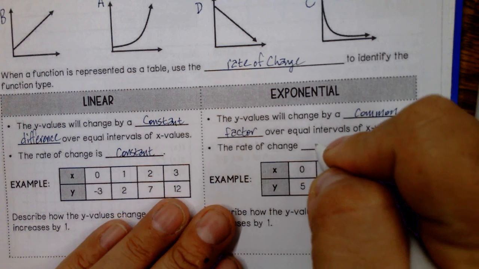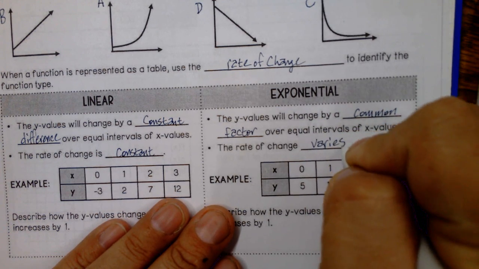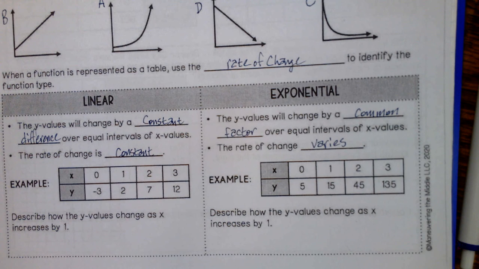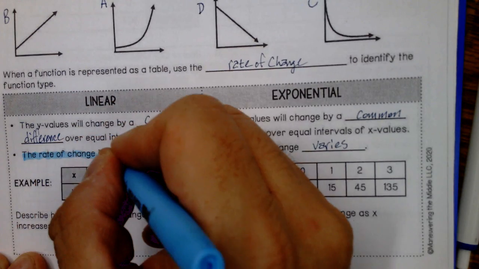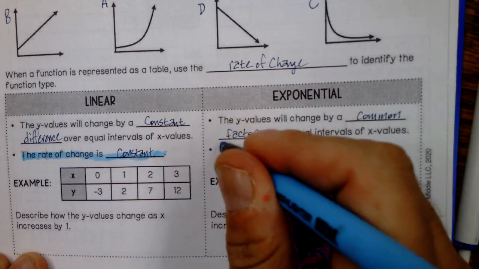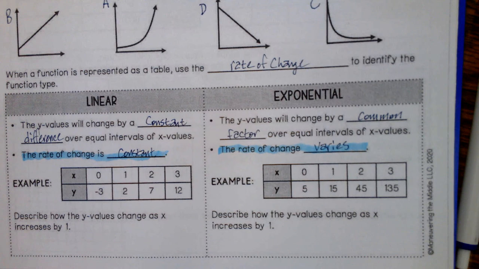It's not going to be constant. So that's going to be almost the main difference. Your rate of change is going to be always the same when you have linear. The rate of change is going to be different each time when you have exponential.